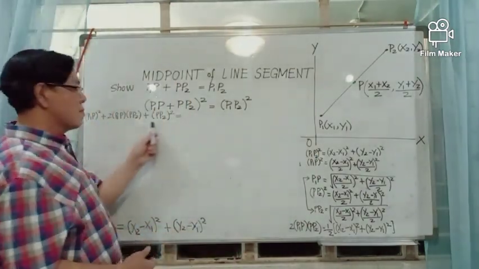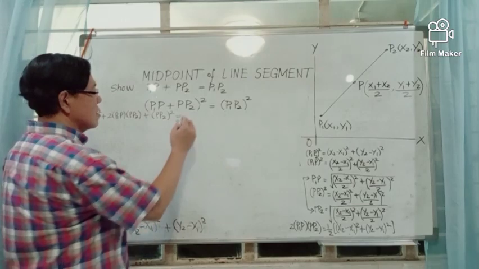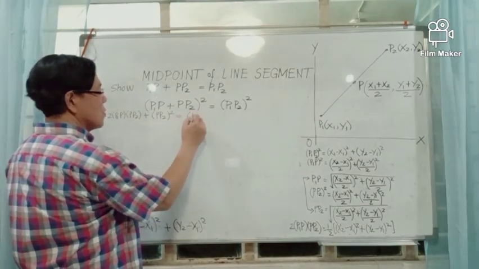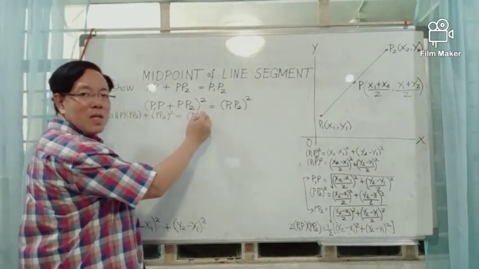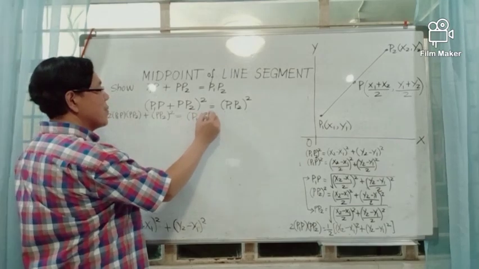Thus, this expression is equal to the square of the distance between P1 and P2.